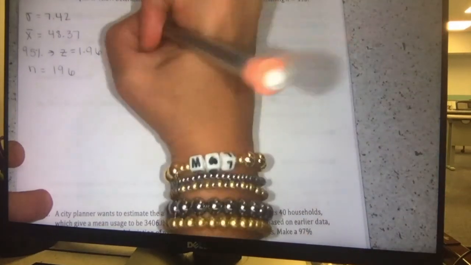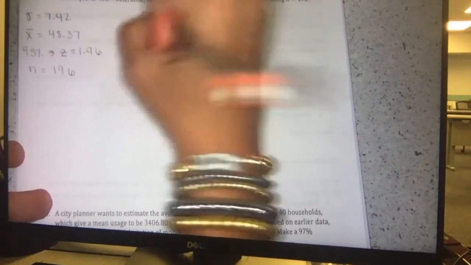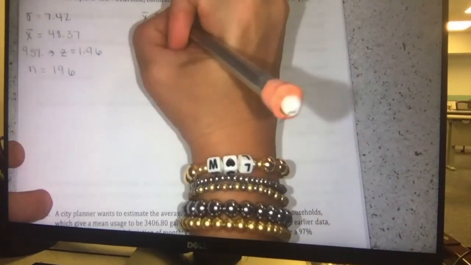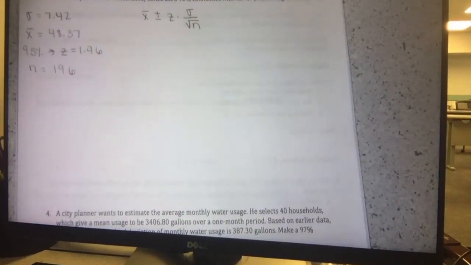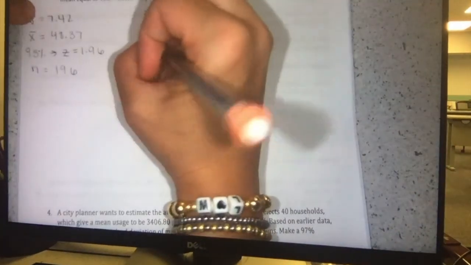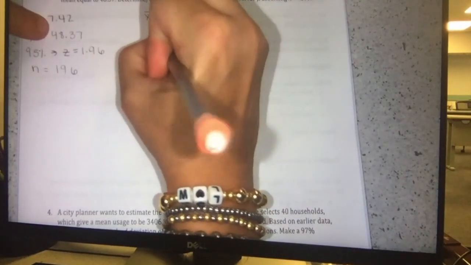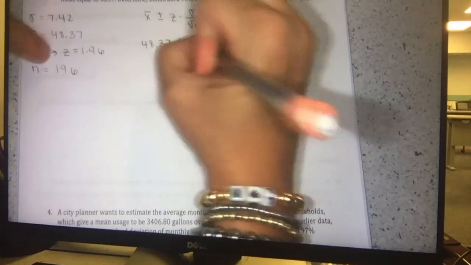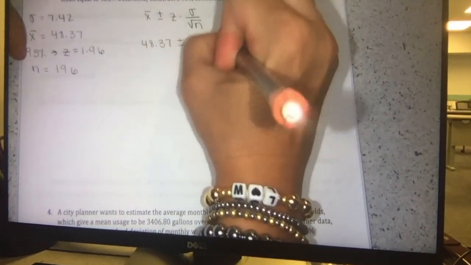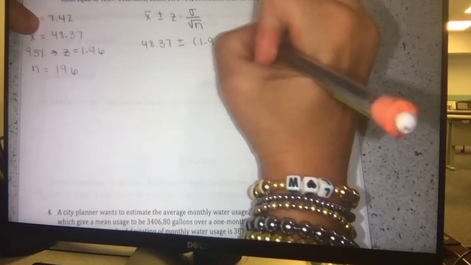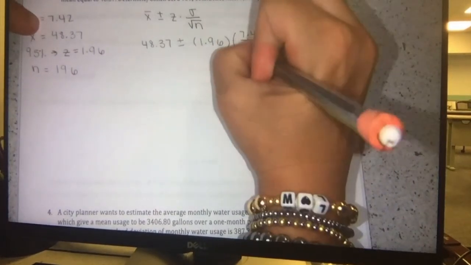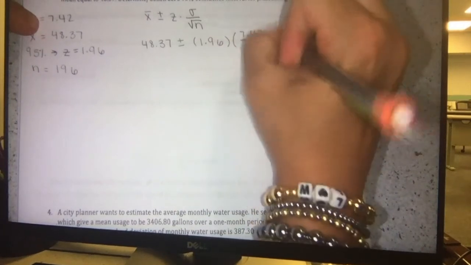So let's use the formula that we know: x bar plus or minus z times our standard deviation over the square root of n. Plugging in everything we know, x bar is 48.37 plus or minus z, 1.96, times our standard deviation, 7.42, over the square root of 196.